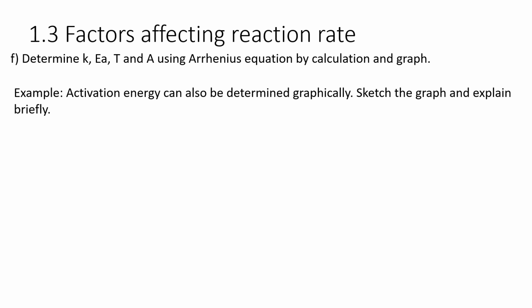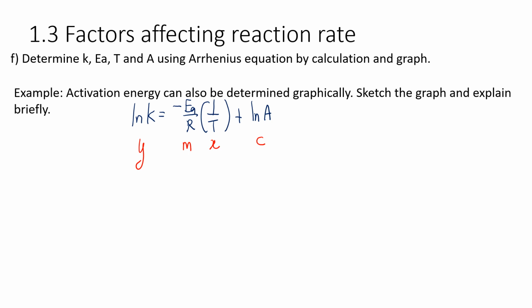First, you need to remember the Arrhenius equation in the linear equation form, which is ln K equals negative EA over R times 1 over T plus ln A. From this linear form, we know that the y-axis of the graph must be ln K, negative EA over R is the gradient of the graph, 1 over absolute temperature is the x-axis of the graph, and ln A is the y-intercept.